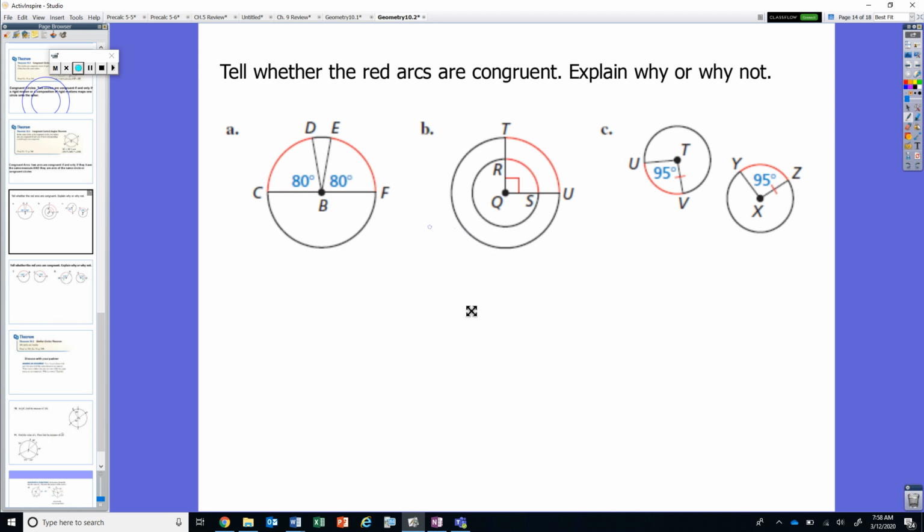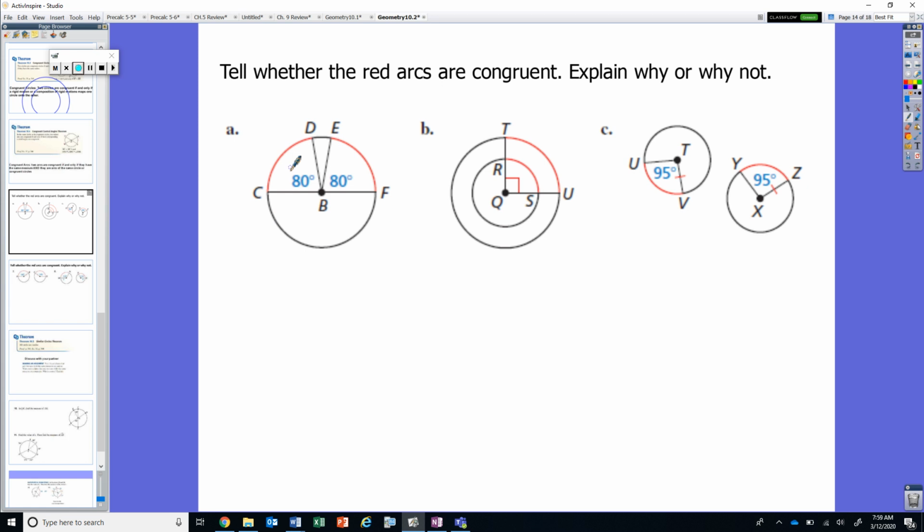It says, tell whether the red arcs are congruent or not. Well, it says explain why or why not. Now this is where it gets kind of interesting. For part A, we have all of these angles and these radii and these what we call sectors in the same circle. So that means they're all a part of the same circle.